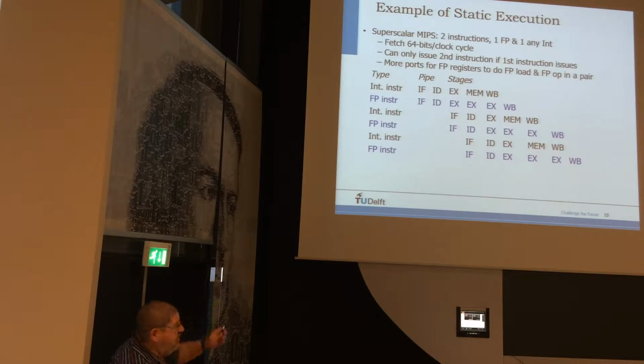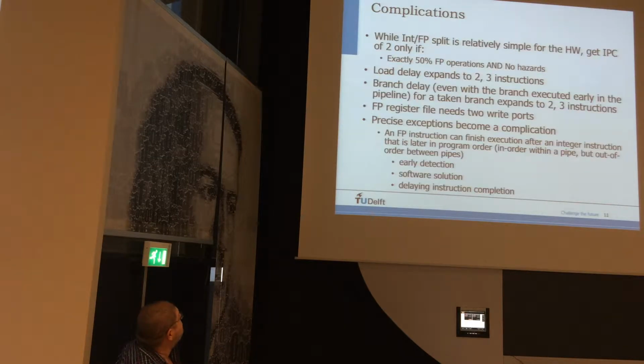Now, there are a bit more complications in here, which we can deal with. And one of the things that I have to be aware of is that such a construction is not paying back a lot. The idea will be to be able to issue 2 instructions per cycle.